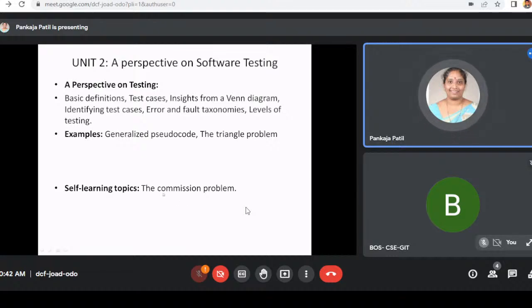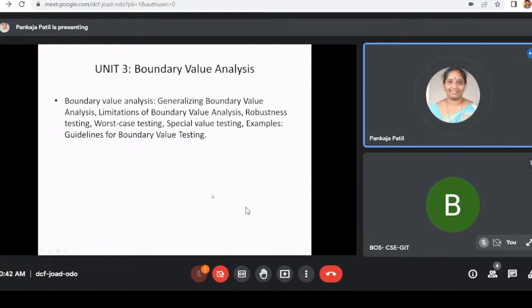You are also going to study the commission problem, and write a test case table to exercise this commission problem. So unit 2 is totally the introduction to software testing, and here you are going to write test case tables for the triangle problem and the commission problem.